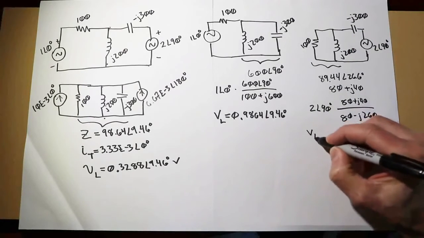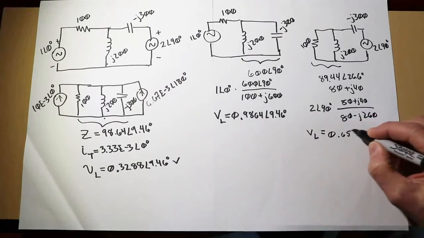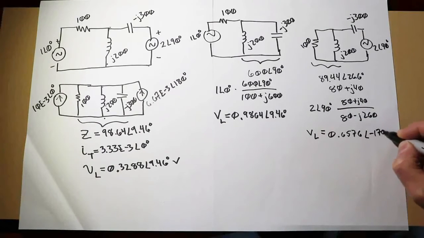And that voltage will work out to 0.6576 volts at an angle of minus 170.5 degrees.